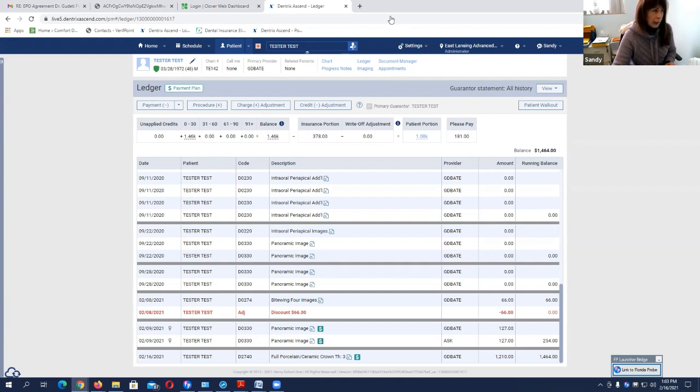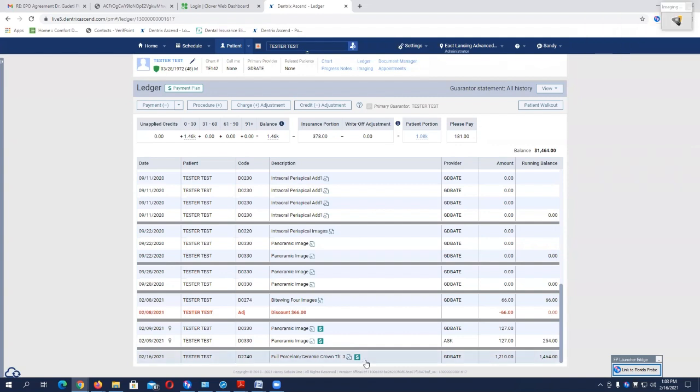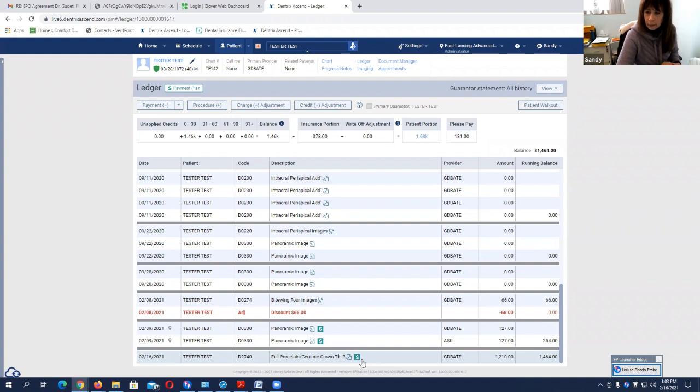This way it's going to show right on the ledger, and the dollar signs are attached to the treatment that's involved in that payment plan. So it's easy to see, but it will not interfere with anything billing wise. It will not interfere with anything posting wise. It's not going to interfere with us.